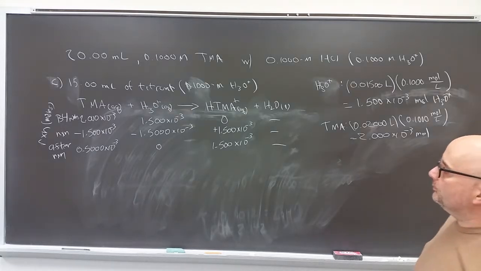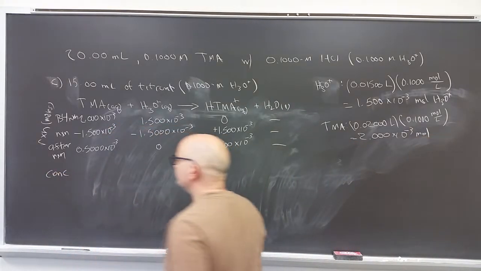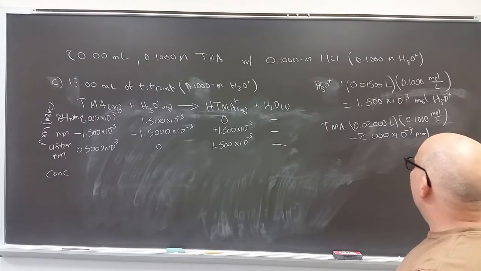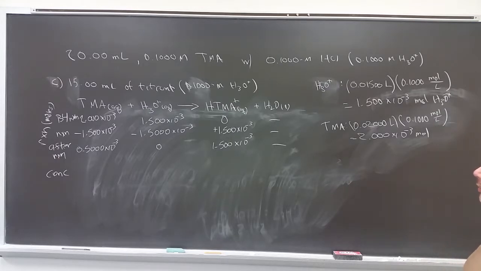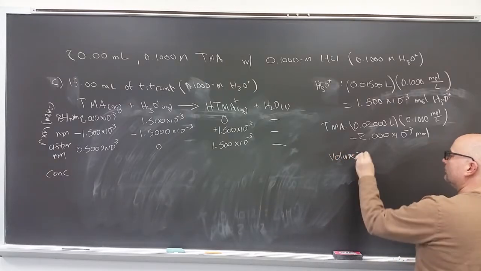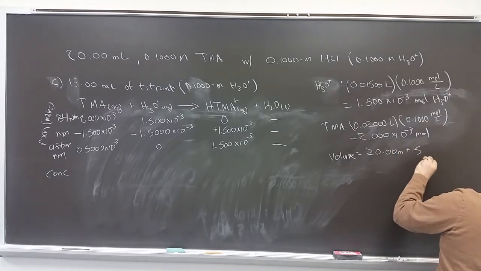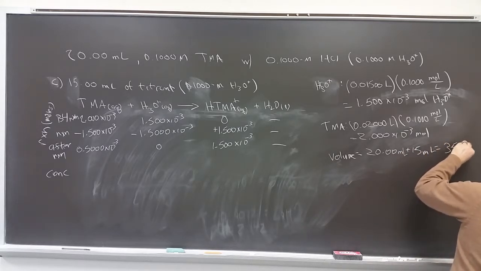Now, you might want to determine the concentration of the trimethylammonium and the trimethylamine once all this is said and done. And that's pretty simple. What you need to be aware of, though, is that the volume is no longer 20 milliliters. It's not 15 milliliters. It's 20 milliliters plus 15 milliliters, or 35 milliliters.